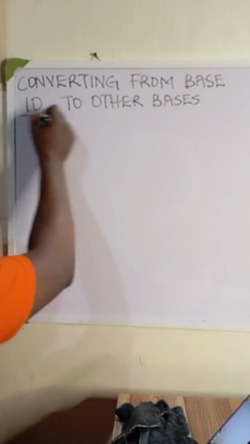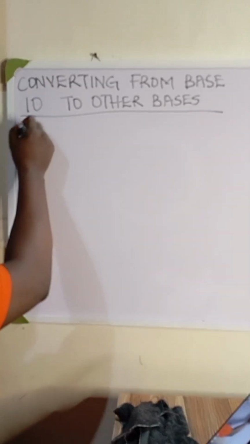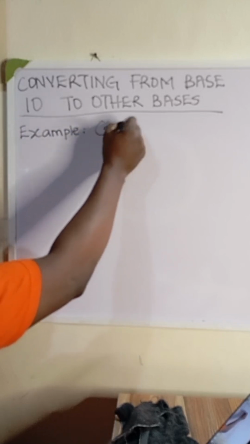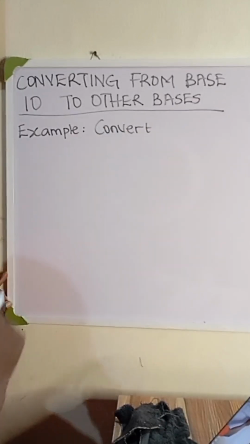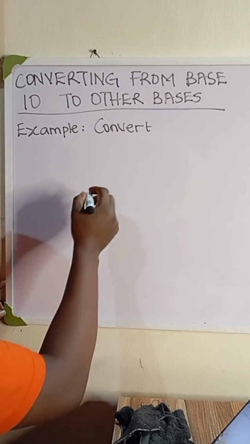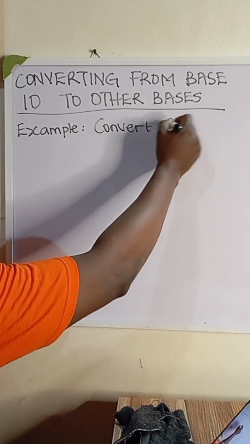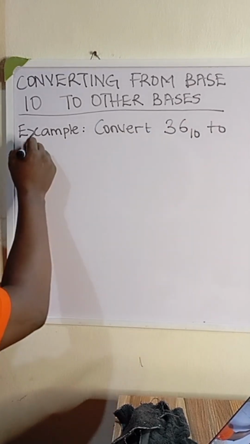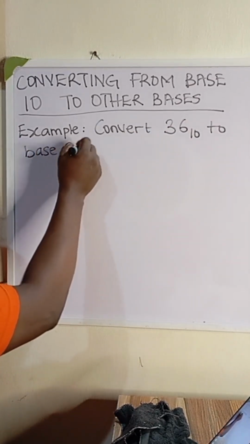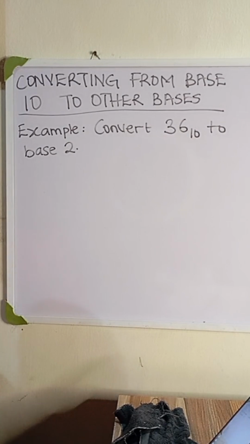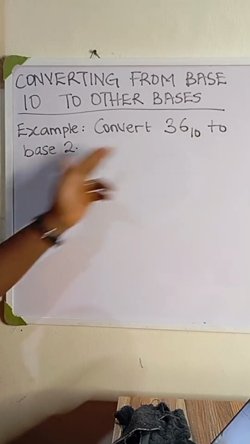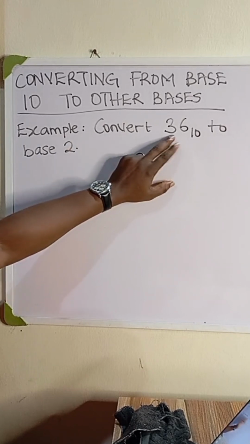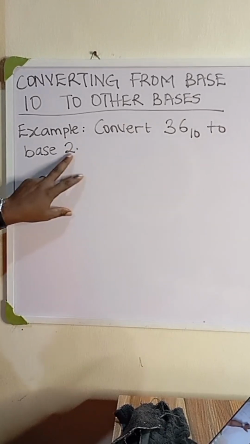Let's look at the first example. Let's see how to convert from base 10 to base 2. In this particular question, we are converting 36 base 10 to base 2.